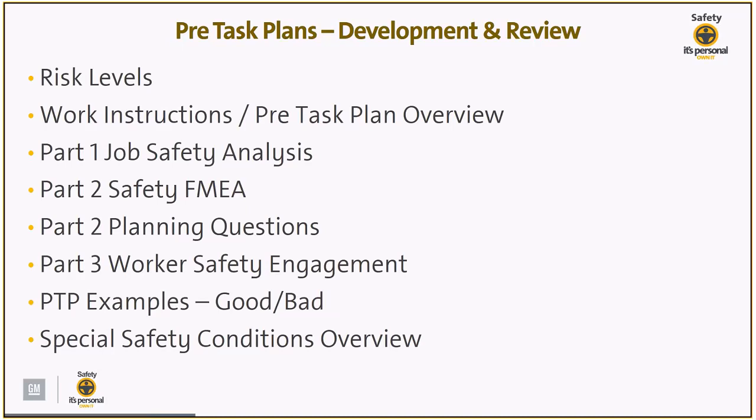So, overview of what we'll be looking at today. We'll be looking at risk levels. We're going to look at the difference between a work instructions and a pre-task plan.